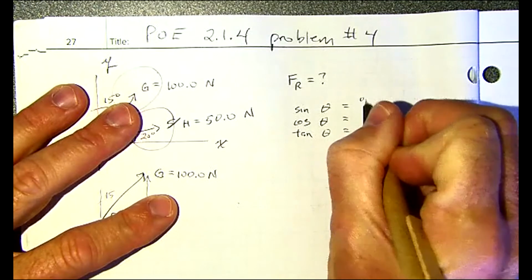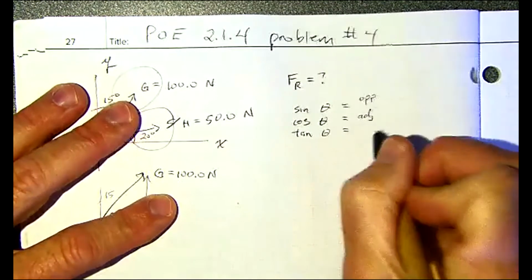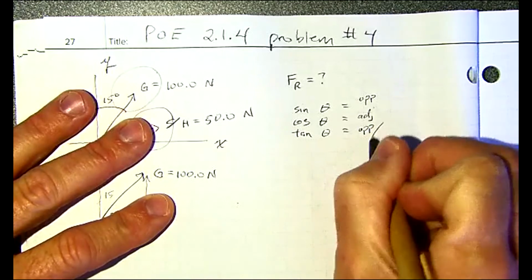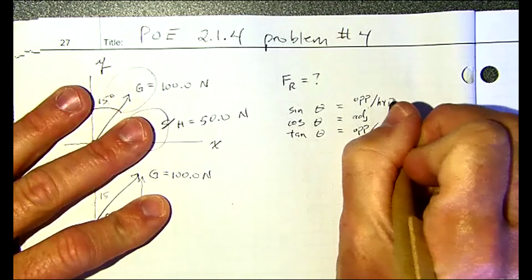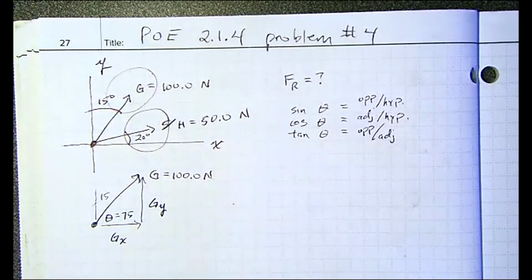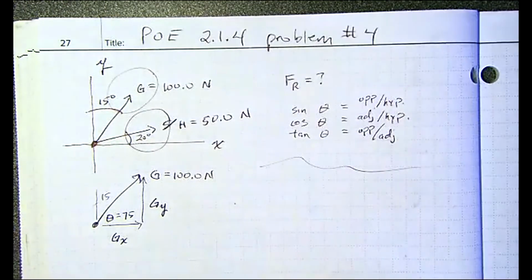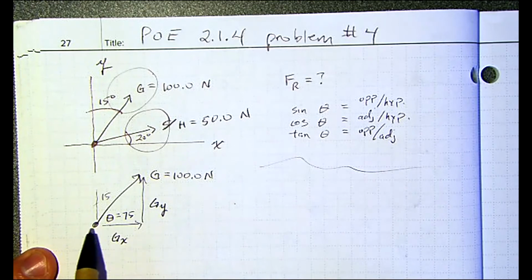Sine is the opposite over hypotenuse, cosine is the adjacent over hypotenuse, and then tangent is the opposite over the adjacent. Ignore all that. That's just sort of a background. Let's just focus on this particular horizontal vector.